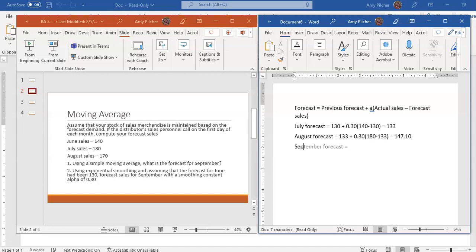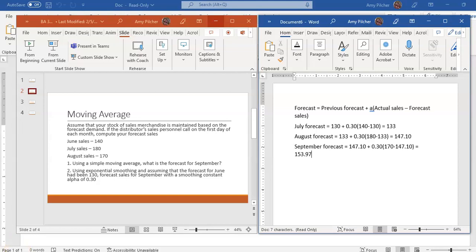So then we're ready to do our September forecast. So we have 147.10 plus our alpha times our actual August sales of 170 minus the forecast of 147.10.